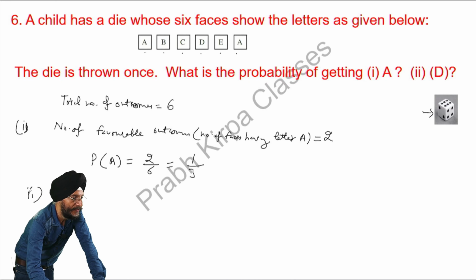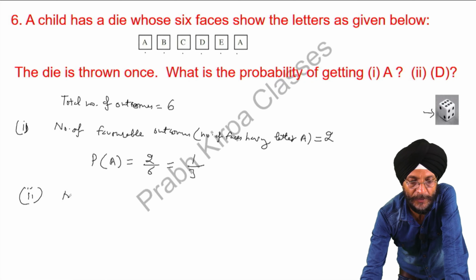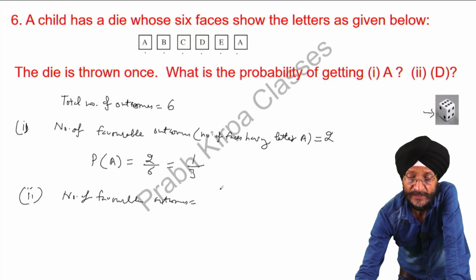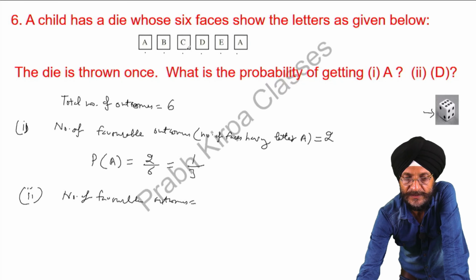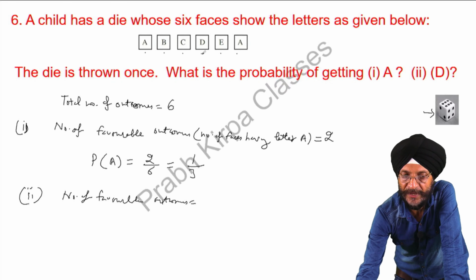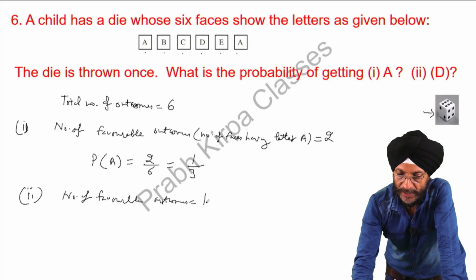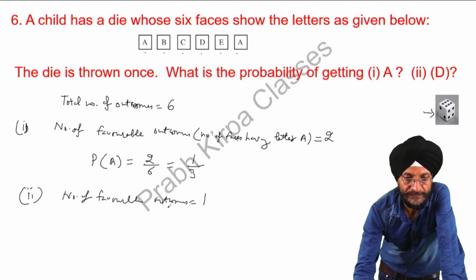Now the next part. In this question the D face is appearing only once, so the number of favorable outcomes is 1.